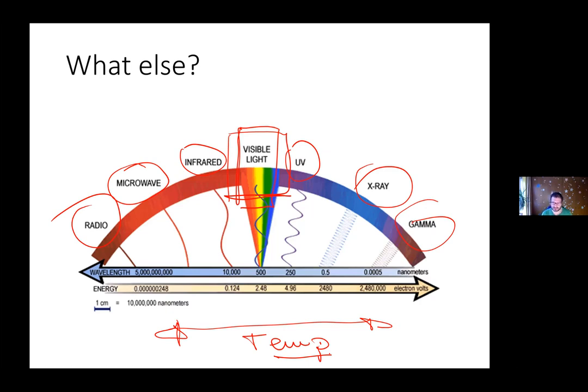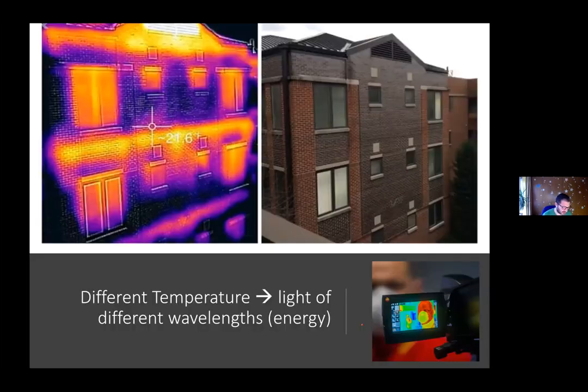So let me give you an example. We are, of course, used to seeing visible light, but our eyes cannot see in infrared. But we have machines that can do that. And on the right, you see just a building, as you would see it with your eyes. And probably if it becomes night, unless the lights are on, you wouldn't see the building at all.